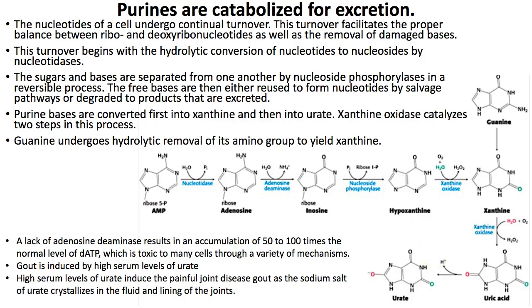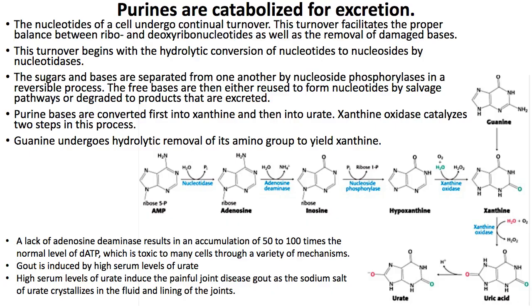Now, as far as how purines are catabolized for excretion, nucleotides of cells undergo continual turnover, and this facilitates the proper balance between ribo and deoxyribo nucleotides, as well as the removal of damaged bases.